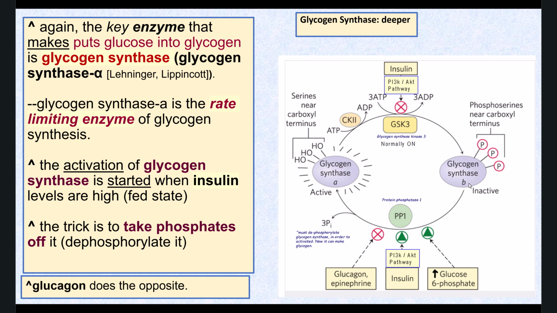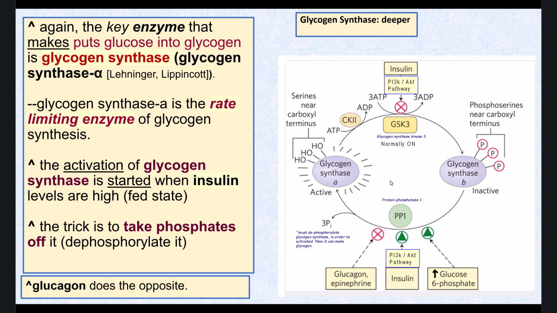The inactive form of glycogen synthase is called glycogen synthase B. So if PP1 is activated by insulin, and GSK3 is inactivated also by insulin, then PP1 will wake this guy up by pulling off its phosphates, and now we have the active form of glycogen synthase, which is called glycogen synthase alpha, for active.